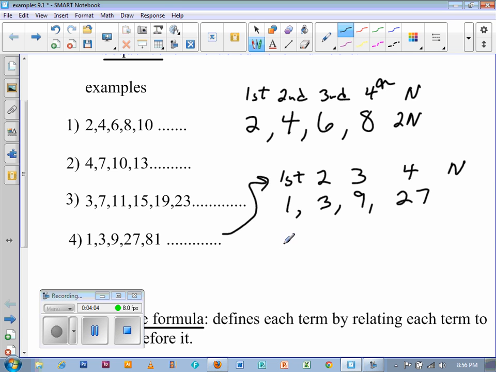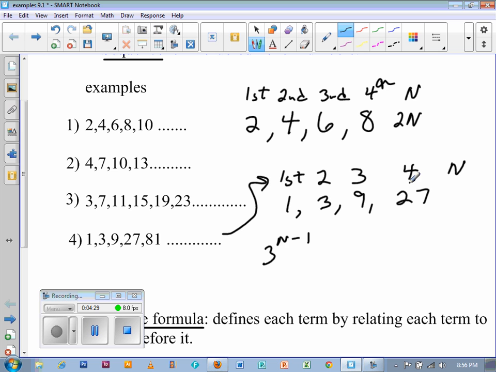If you do a lot of guessing and checking, you would end up with 3 to the n minus 1 power. If I put the first term 1 in for n, 1 minus 1 is 0. 3 to the 0 power is 1. If I put 2 in, I get 3 to the first power, which is 3. If I put 3 in, 3 minus 1 is 2. 3 squared is 9.